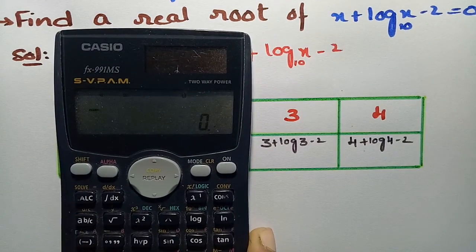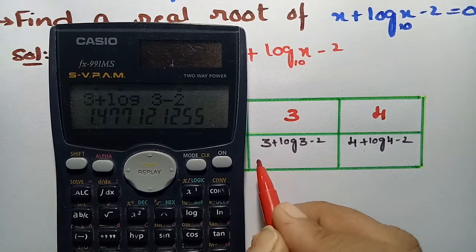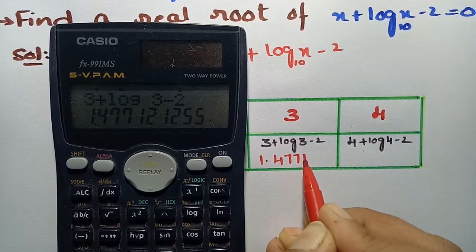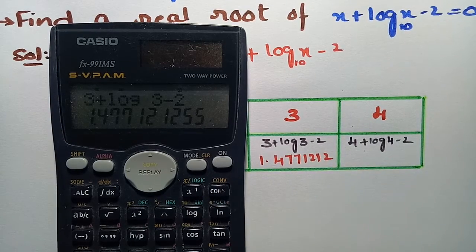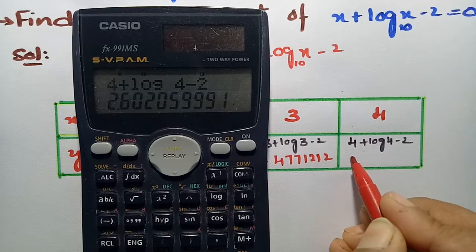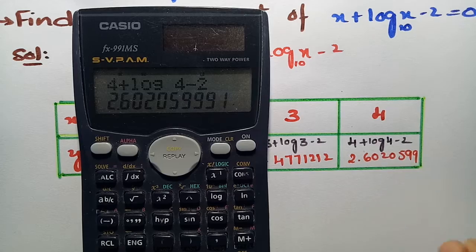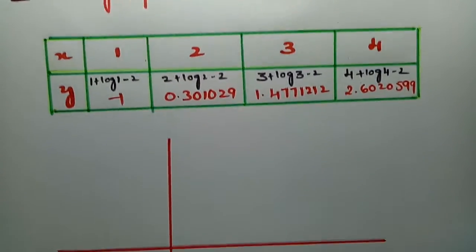And the next value here is 3 plus log 3 minus 2, and the value here is 1.47711212, and this one is 4 plus log 4 minus 2. The value here is 2.602059. So we have to plot all these values here.